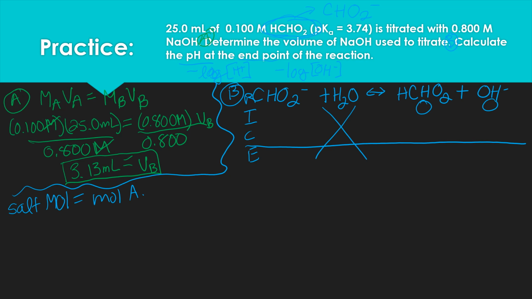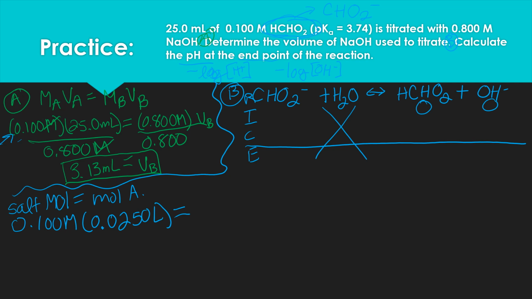I'm going to do the acid. So molarity times, we'd have to do liters. So 0.100 molar times 0.0250 liters. We do need it in liters since we're doing molarity times liters, giving us moles.